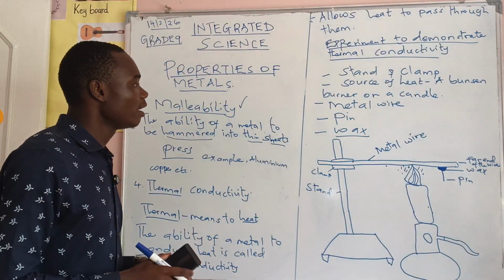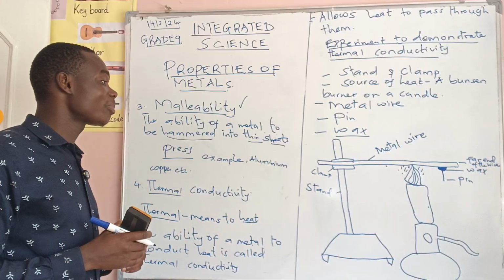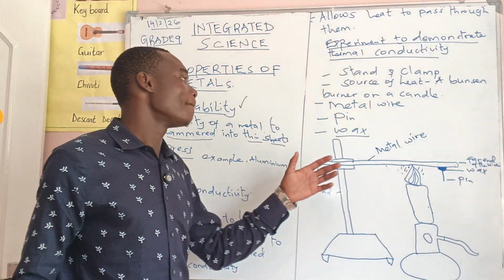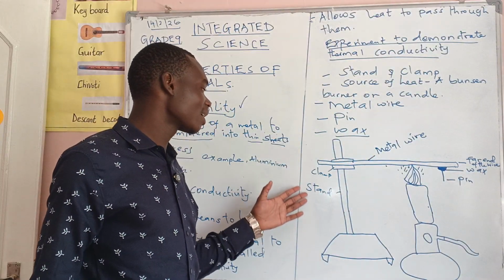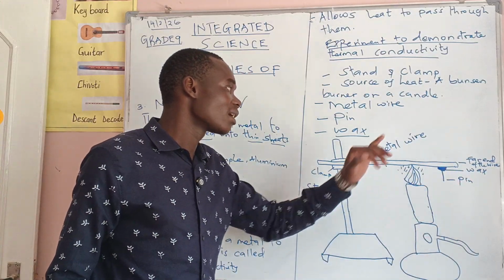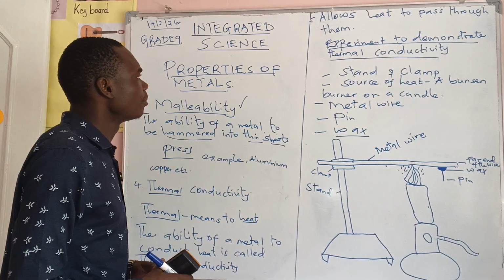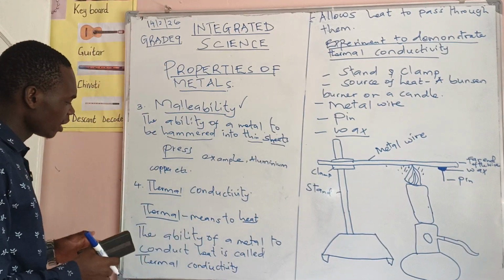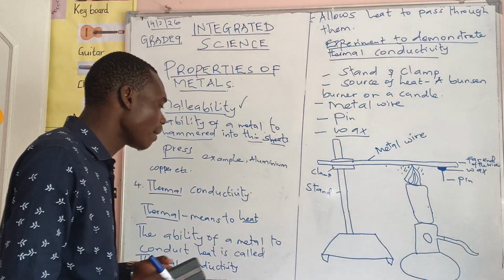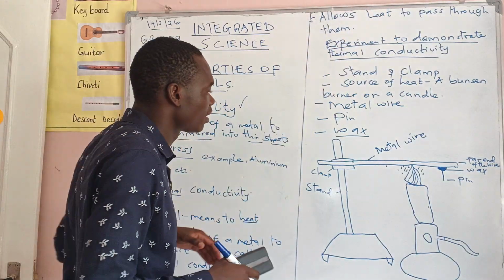Metal wire. Now, look at a sample experiment. We have metallic wire, we have a clamp, we have a stand, source of heat, pin is there, that is wax, that is far end of the wire. Simple experiment, as simple as that. Now, I said that thermal conductivity is the ability of a metal to allow heat to pass through it easily.